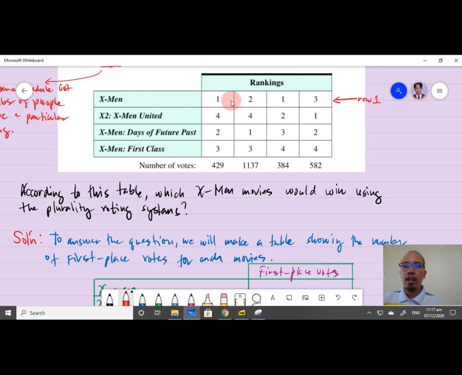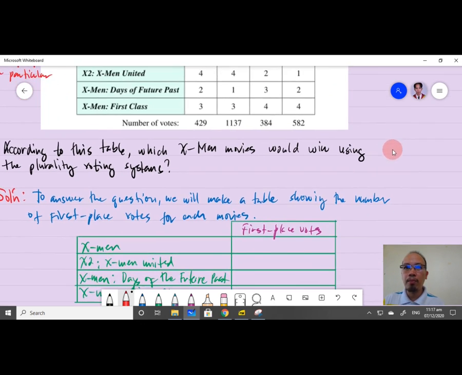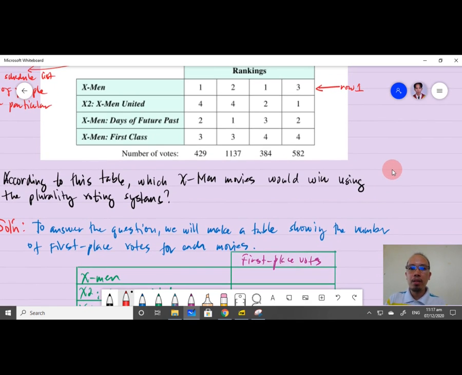Then look at whether there's a first place vote, meaning there's a 1 there. As you can see, we have a 1 here and also a 1 here. For 1 here there are 429 voters, and for the other 1 here we have 384 voters. So we have to add them: 429 plus 384.